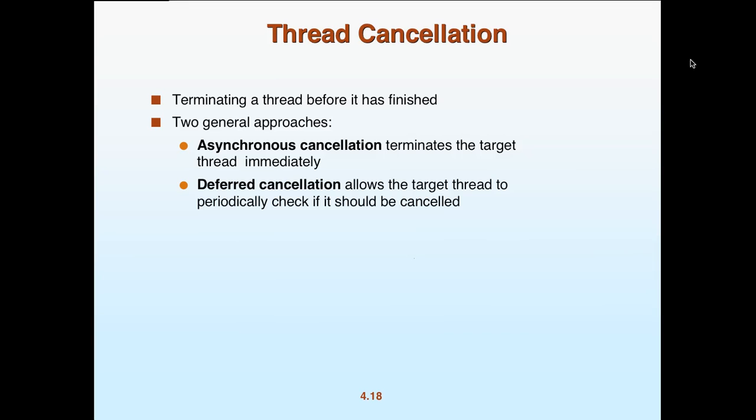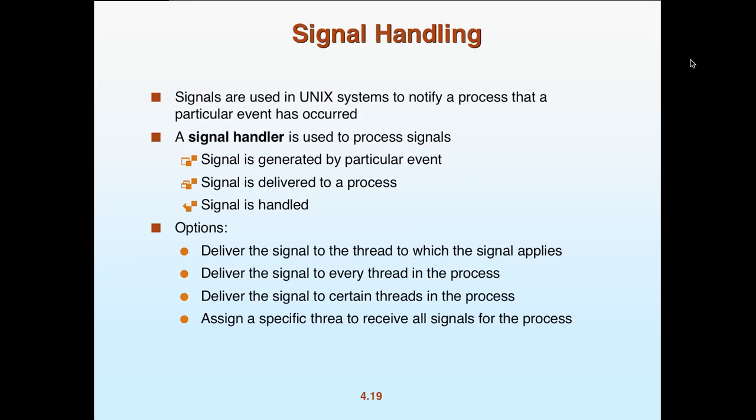It allows the target thread to periodically check if it should be canceled. You can also create an implementation where you say, when your job is done, you're canceled. It's kind of like when you shut down Windows, you can shut it down now, or you can wait until all the programs close and then shut it down. Which is kind of synonymous with that.